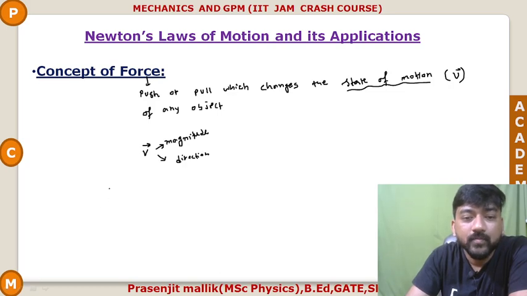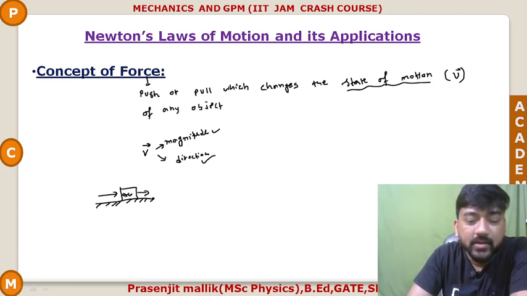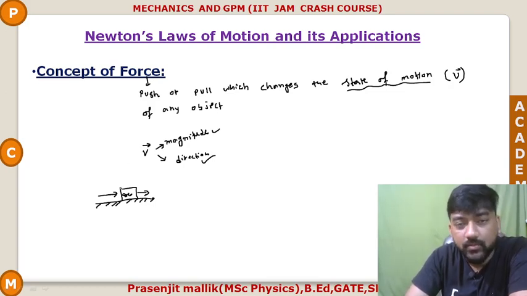So suppose we have an object of mass m. If you give a push or pull and this velocity vector changes, that means either its magnitude changes or its direction changes, then we can say that a force is acting on this object.